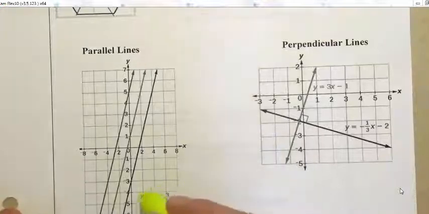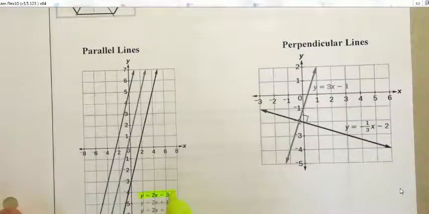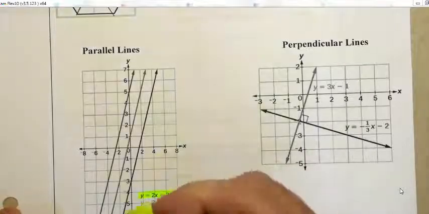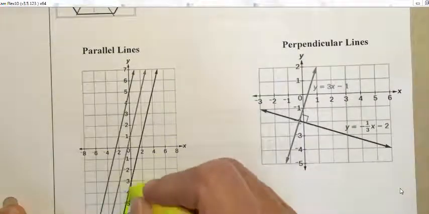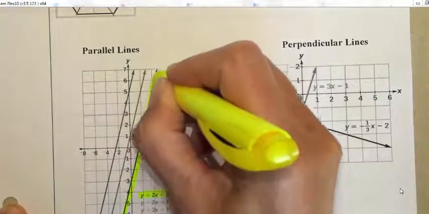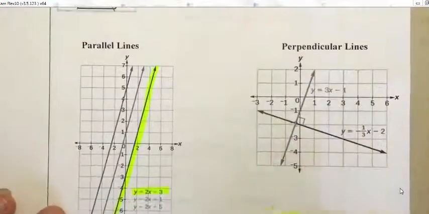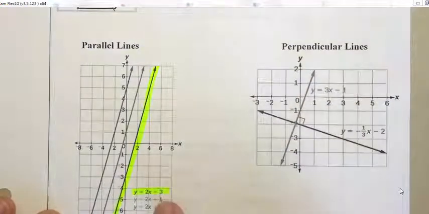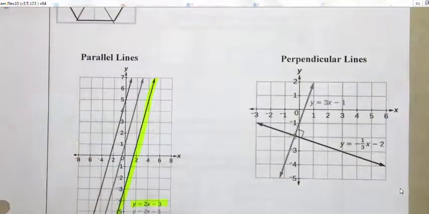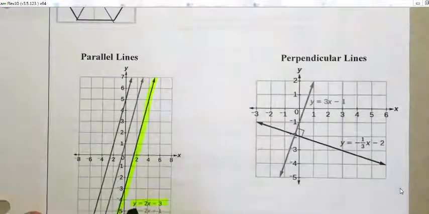So y equals 2x minus 3. Remember, that last number there is your y-intercept, right? So this yellow line right here, this bottom line, that's your y equals 2x minus 3. Now you can see the y-intercept of the next line is 1.